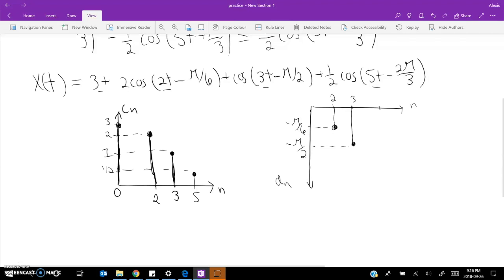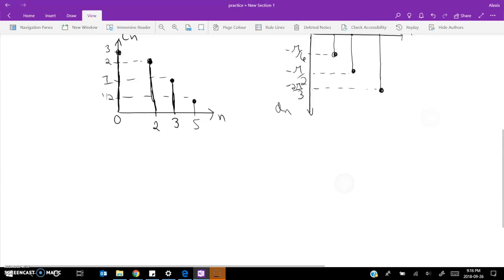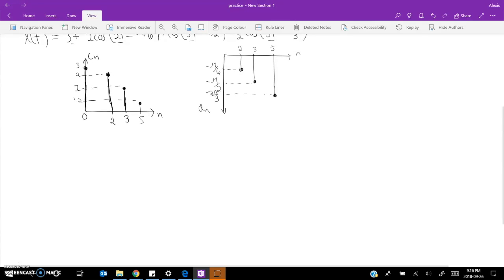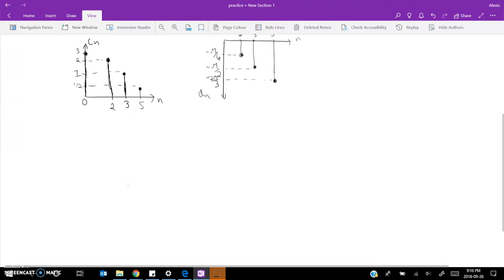And at n is equal to 5, we are obtaining a phase of negative 2 pi over 3. And this is our Fourier spectrum. Now, using this information that we just graphed, we could obtain its exponential Fourier spectrum for x of t.